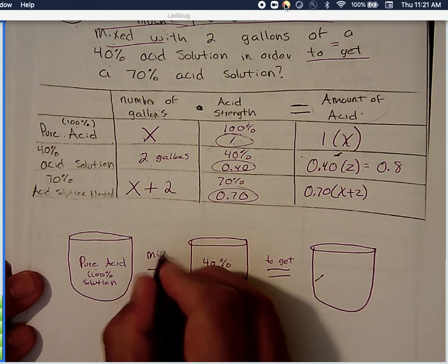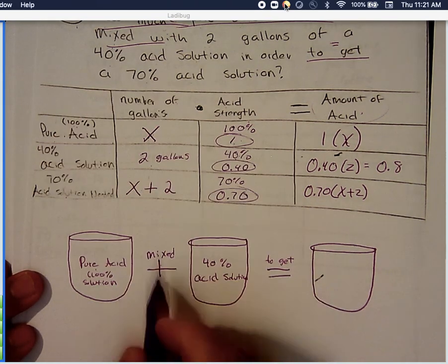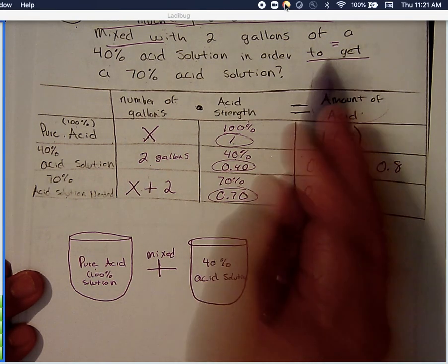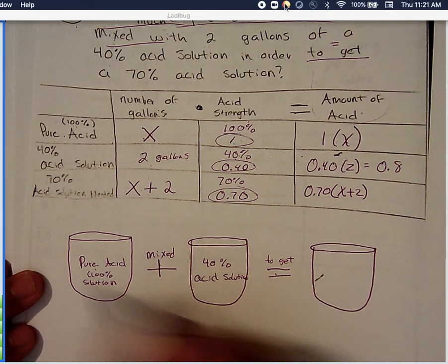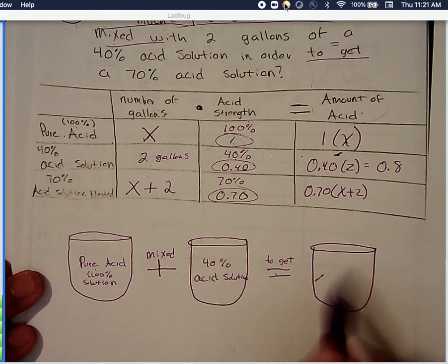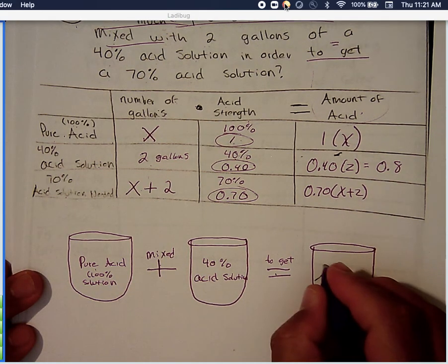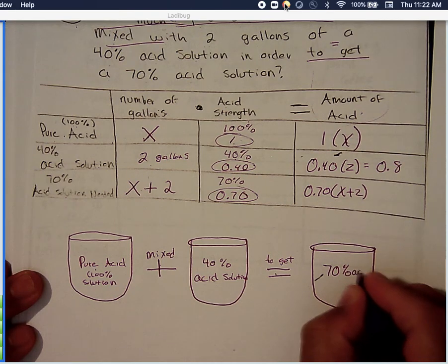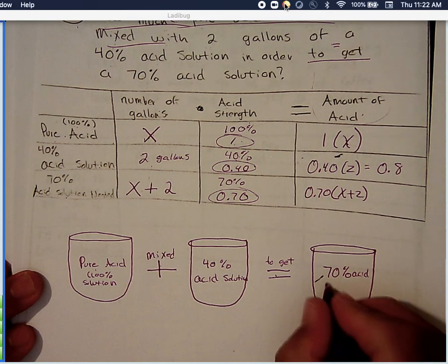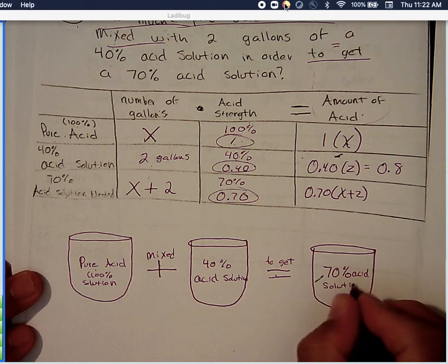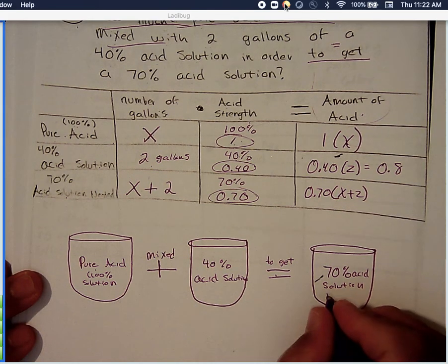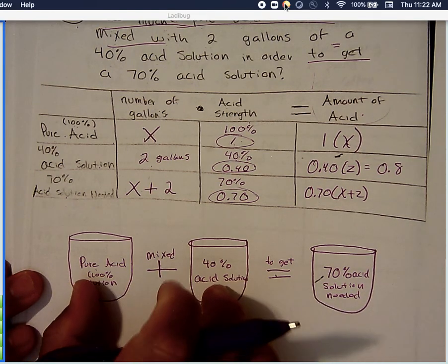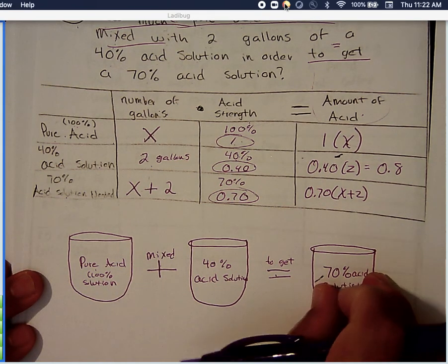When it comes to the words in here, mix, we're mixing these two, and we need to get equals. These two mixed should equal this, which is the 70% acid solution needed, because we need this one. So we gotta mix these two to get this.